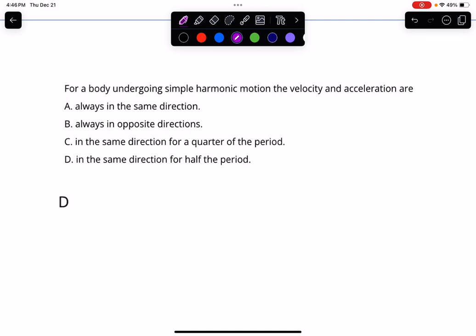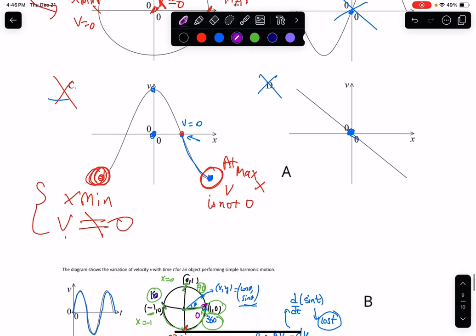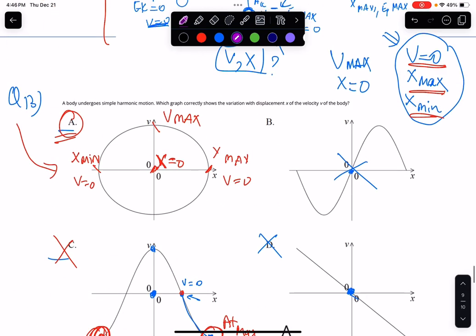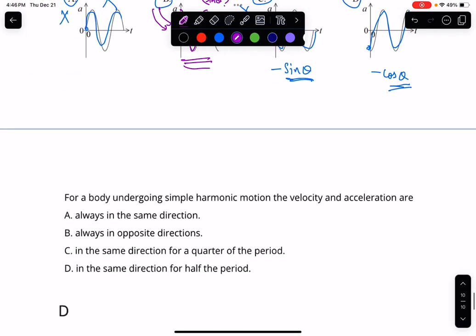Now in this case, we can look at this over here. So this is question 14, and then this is question 15.